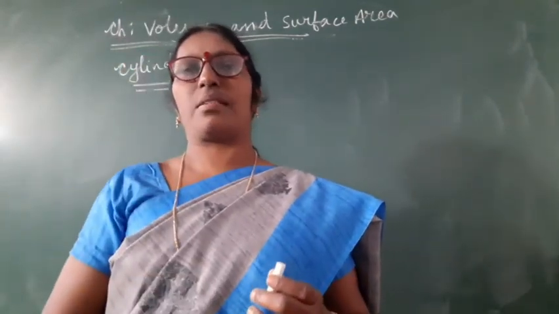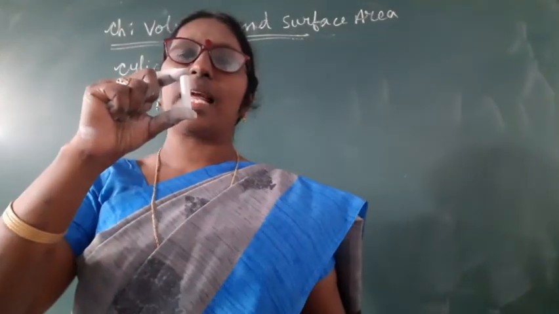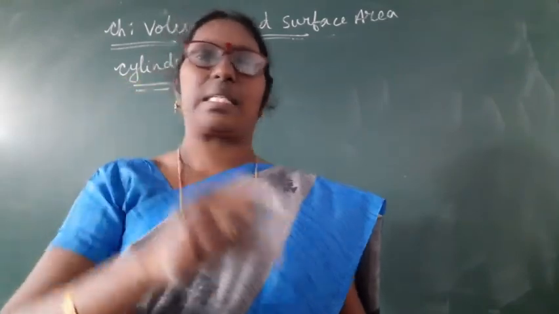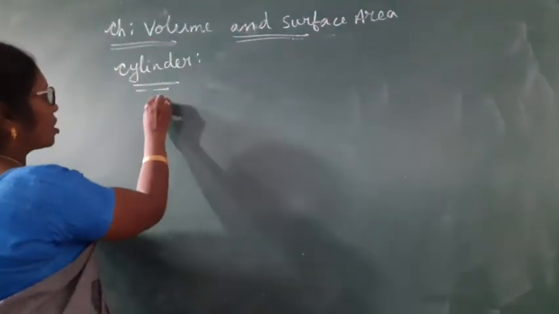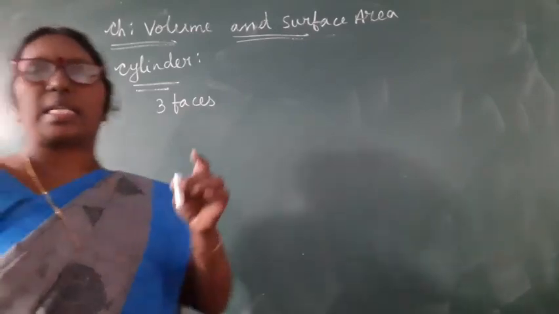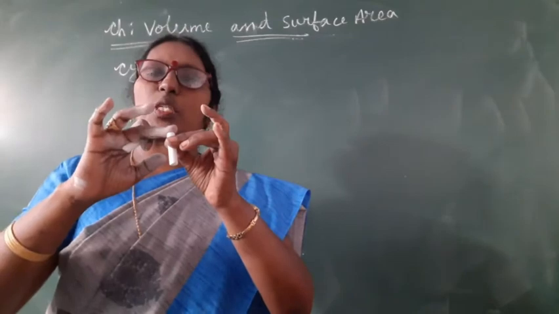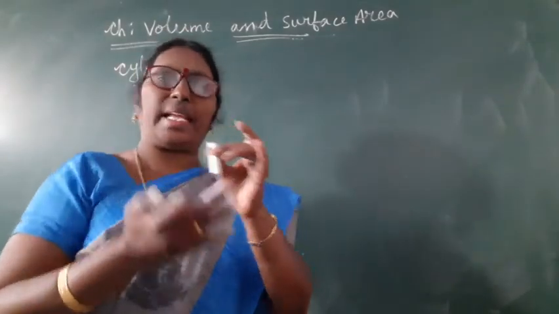Iron rods, okay. A cylinder has got three faces, or we can say three surfaces. The bottom is a circular face, and the top is also a circular face. They are plane.